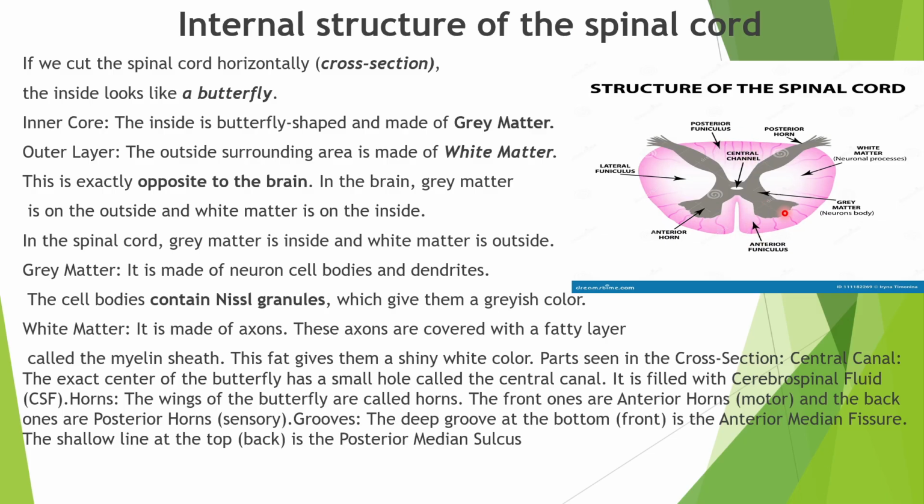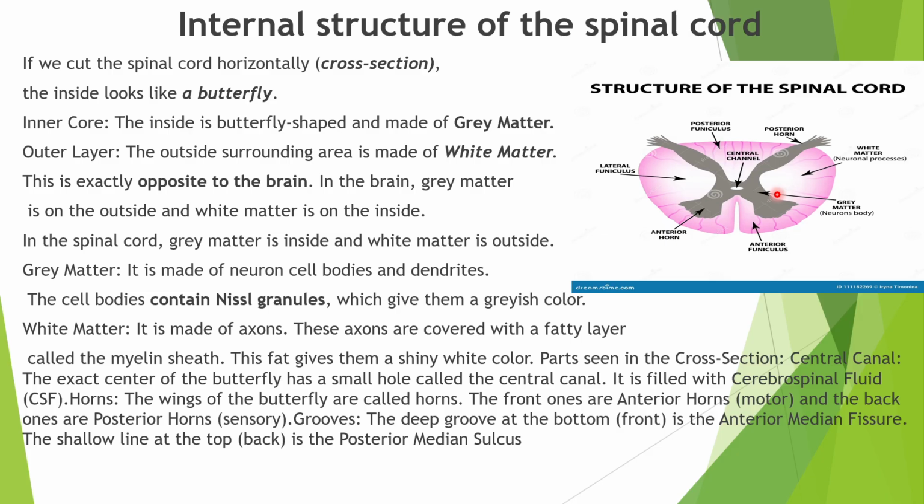This is just opposite to the brain. In the brain, the gray matter is outside and the white matter is inside. But in the spinal cord, the white matter is outside and the gray matter is inside.